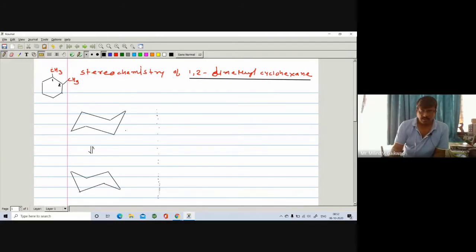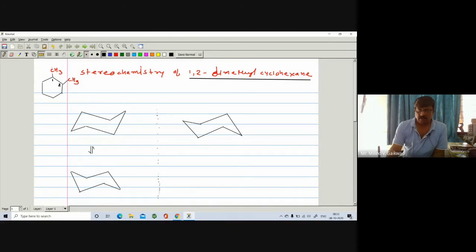It will go down, right? Here is one bond, and this is the second bond, elongated downward. This will go above, and you'll get this type of structure.